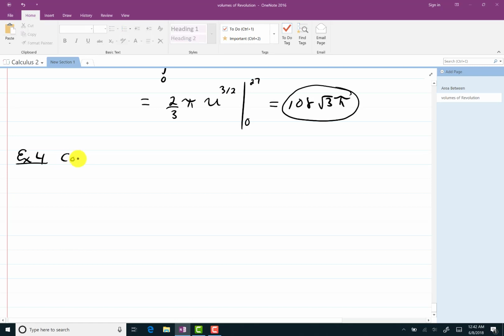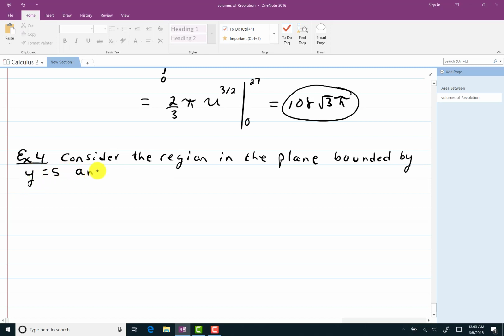Consider the region in the plane bounded by y equals 5 and y equals x plus 4 over x.